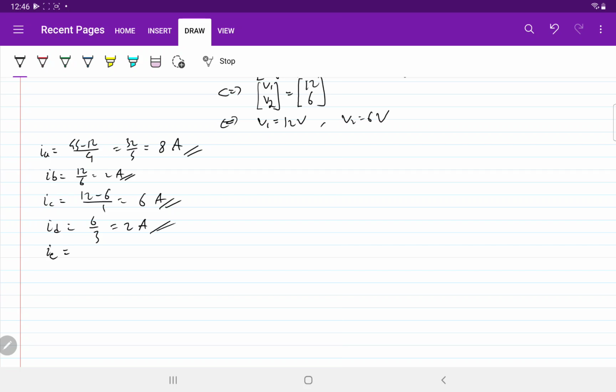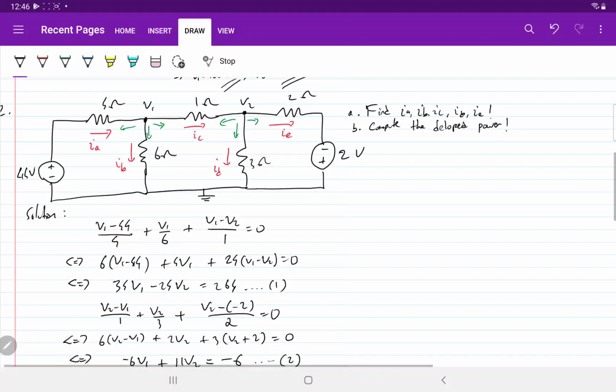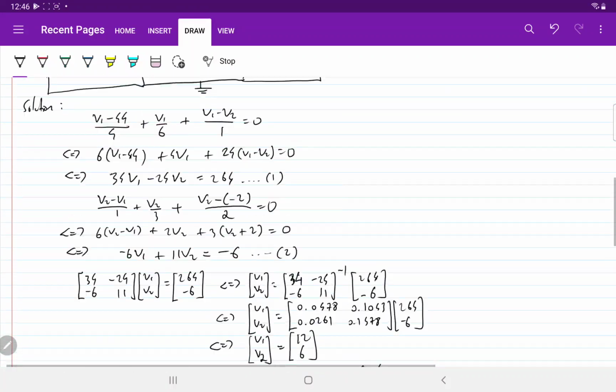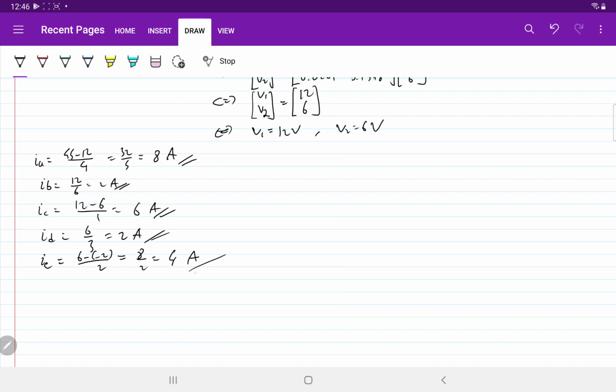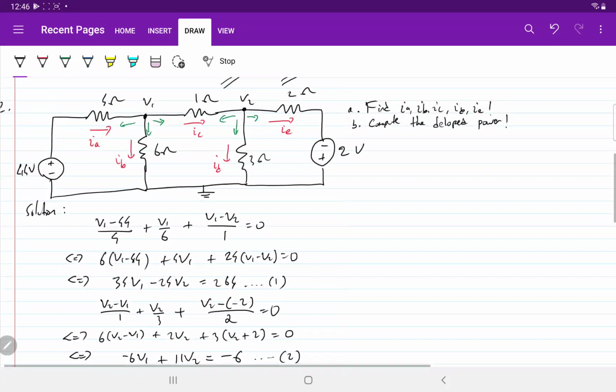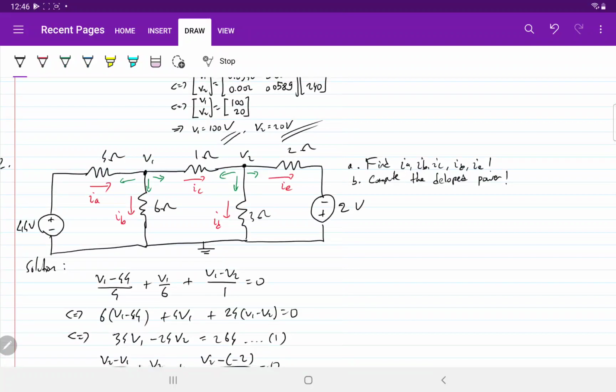Last one, IE is (V2 minus 2) over 2, 6 minus 2 over 2, right? So 8 over 2 is 4 amps. Okay, so these are the answers for question A.